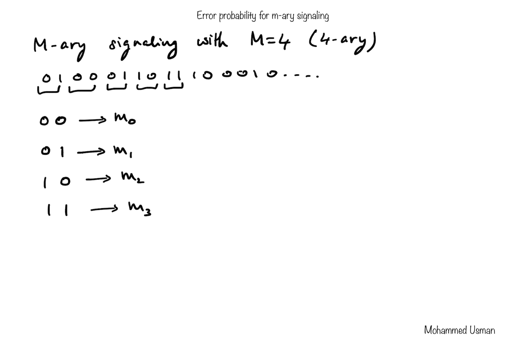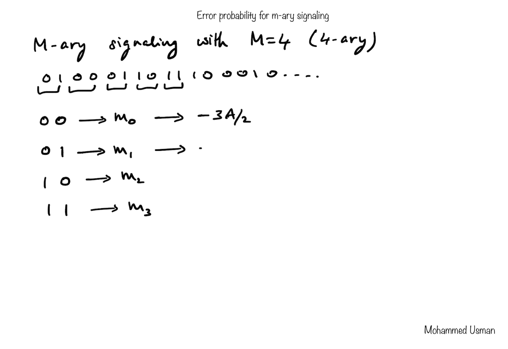And since we have already seen that polar signaling is better than unipolar, we are going to represent these four symbols using four different voltage levels, and we will use the polar voltage levels. That means we'll represent two of these symbols with a negative voltage level and two with a positive voltage level. So we are going to represent M0 with a voltage level, let's say minus 3A by 2.